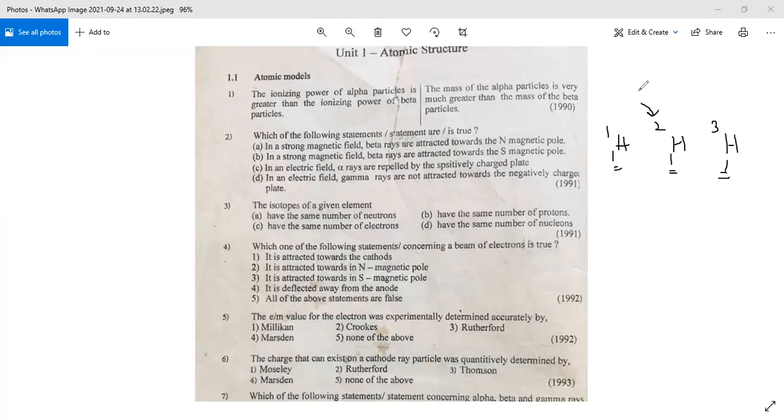Here, 1 proton, 1 neutron. Here, only 1 proton, no neutrons. Here, 1 proton, 2 neutrons. So the atomic number is the same, but the mass number is changed. These are called isotopes.